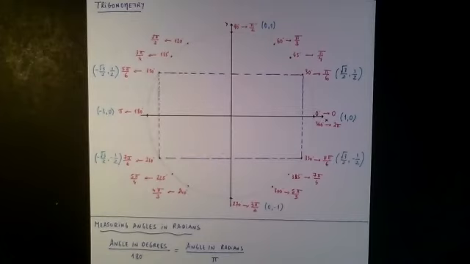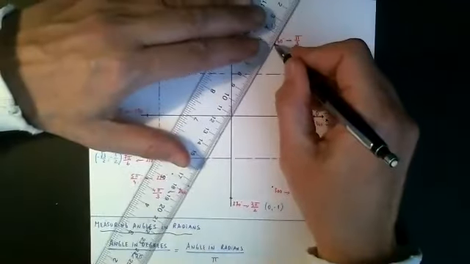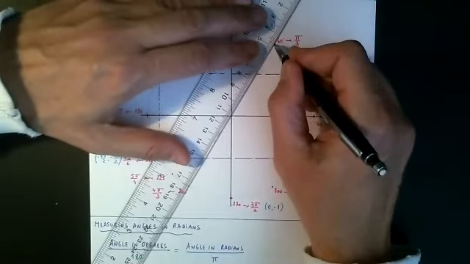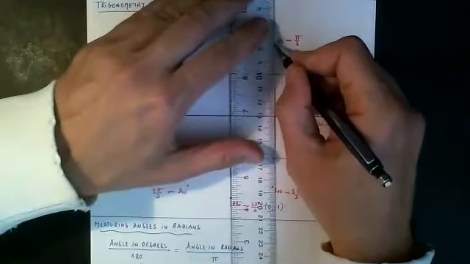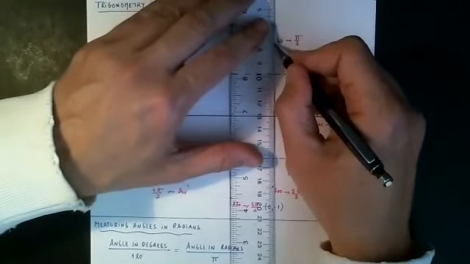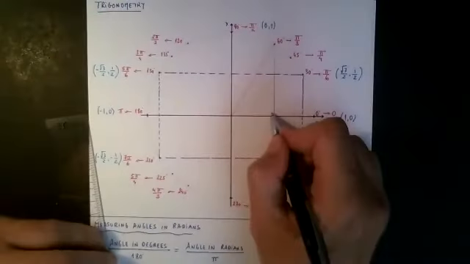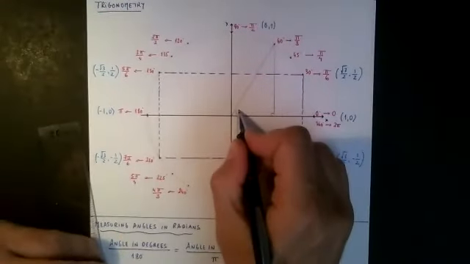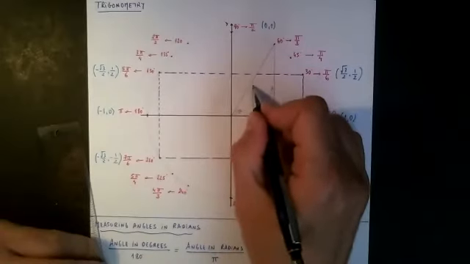Let's go to the pi over 3 now. Okay, so let's go to 60 degrees. So now I'm interested in the coordinates of this point. So straight down here, 90 degrees, theta, again x, y, and 1.